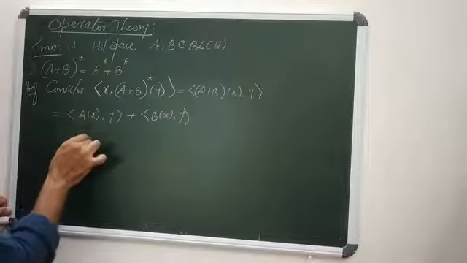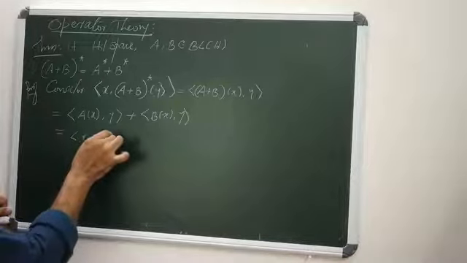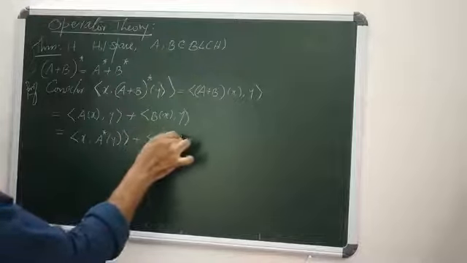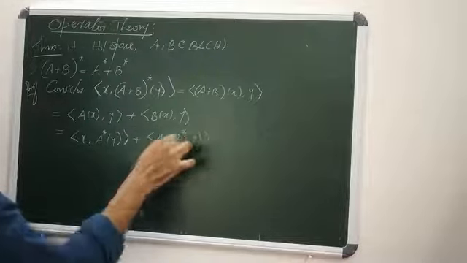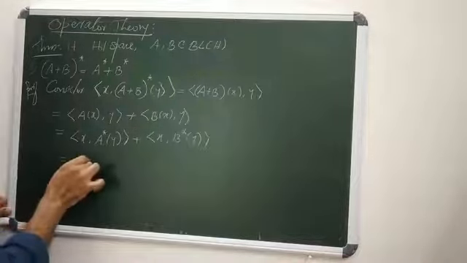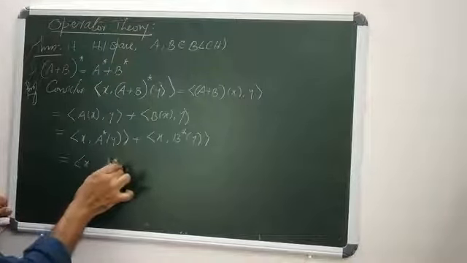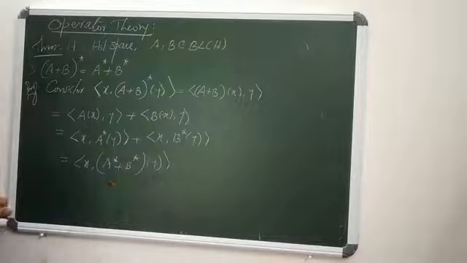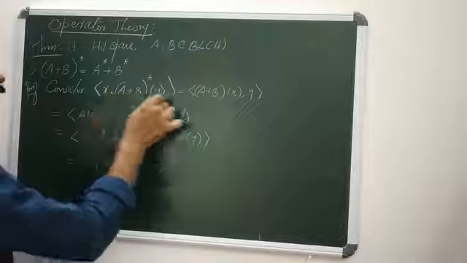That equals, again by using the adjoint of A and B, inner product X, A star Y plus inner product X, B star Y. That equals inner product X, (A star plus B star) Y. So we start from here.